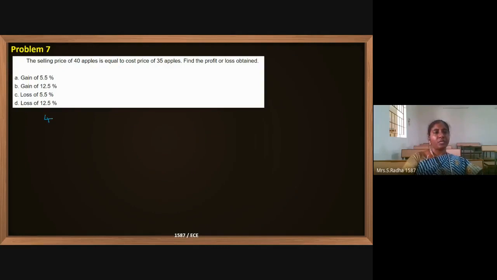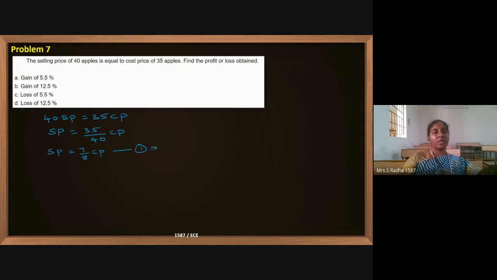Selling price is nothing but 35 by 40 into cost price, which, if you cancel with 5, is 7 by 8 cost price. This is equation 1.